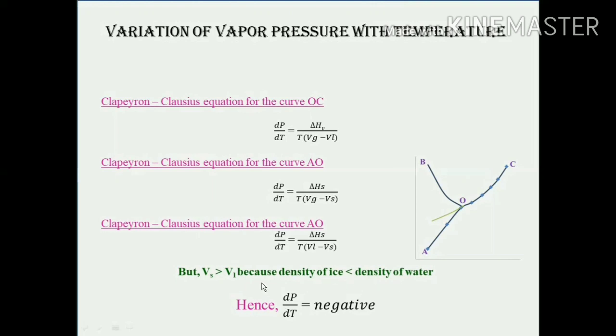When the density is lesser than water, what will be the value for volume? Definitely the solid phase of water will have a greater value compared to the liquid phase of water. This means that the value Vs will be greater as compared to VL. So when Vs has a greater value, the entire term on the right hand side will give us a negative value.